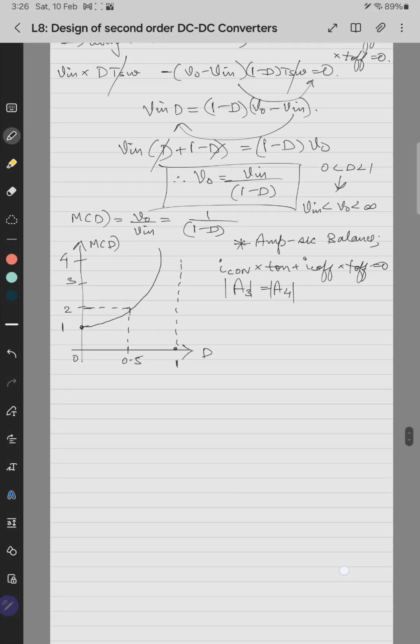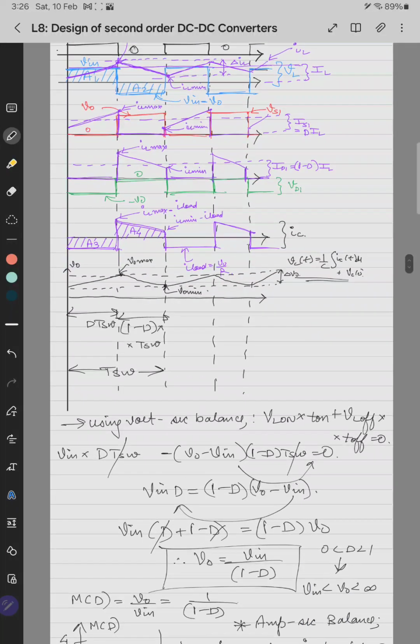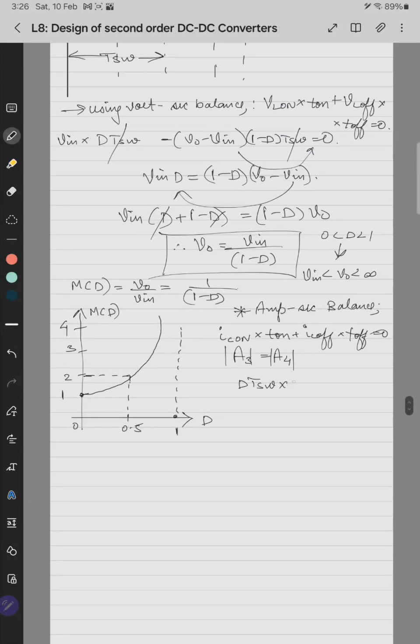So A3 will be what? Length into breadth. The length is the time, that is d into t switching, into what is the y coordinate? It will be the load current only, because the waveform of diode current is shifted by the load current. So it will be d into t switching into I load, equals A4.